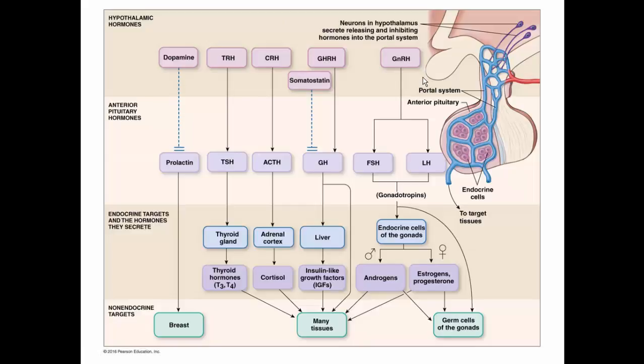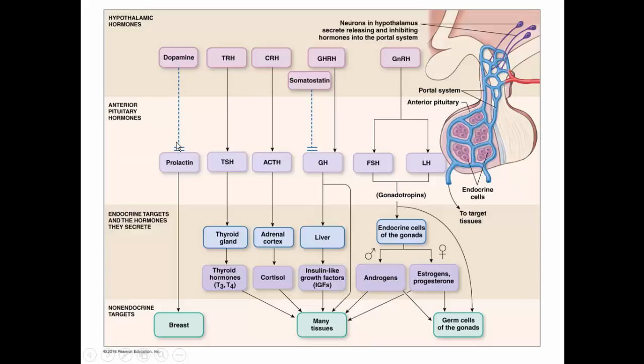So back to the top of the slide, remember that the hypothalamic hormones are either releasing hormones or an inhibiting hormone. And we refer to these as trophic hormones because they control the secretion of other hormones. Remember that these hypothalamic hormones are neurohormones secreted from hypothalamic neurons into this vascular network.